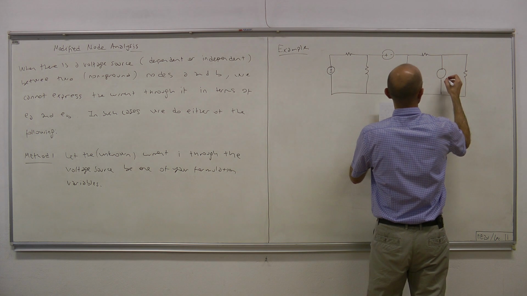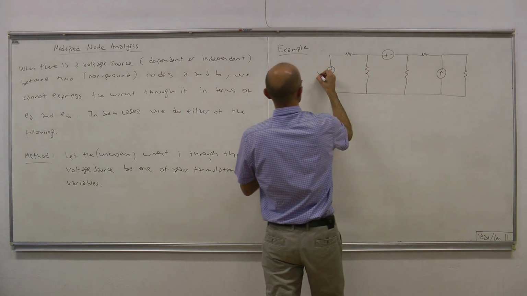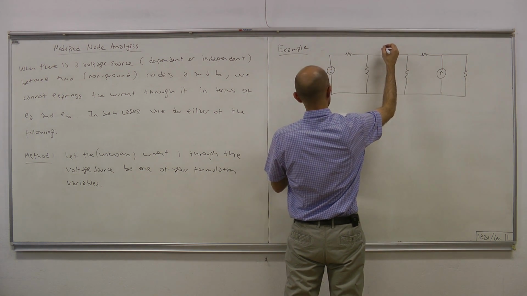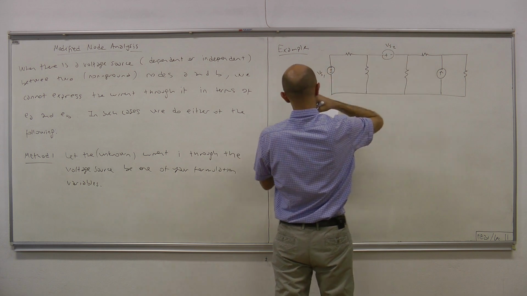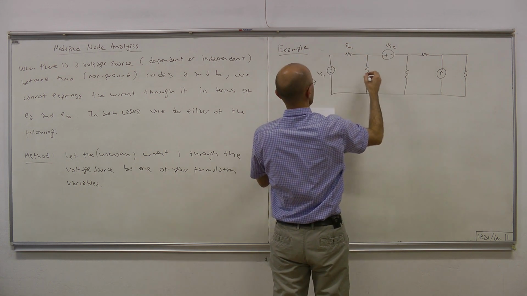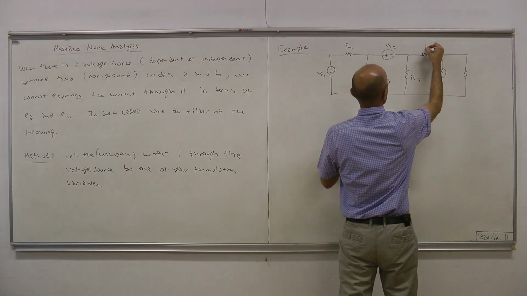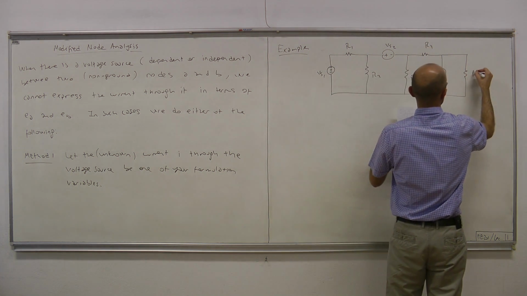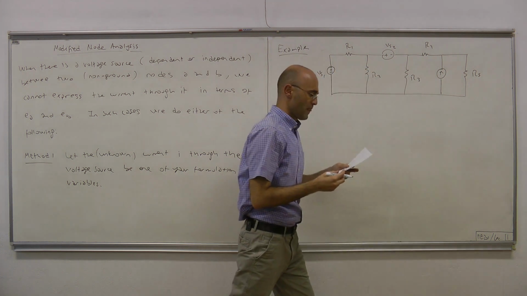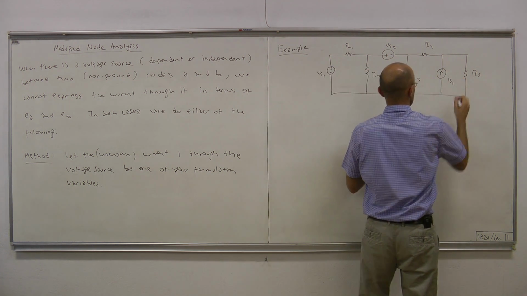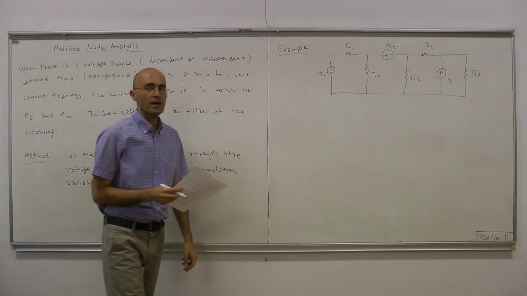Plus minus. This is VS1, this is VS2, R1, R2, R3, R4, and R5. This is IS1. Okay.